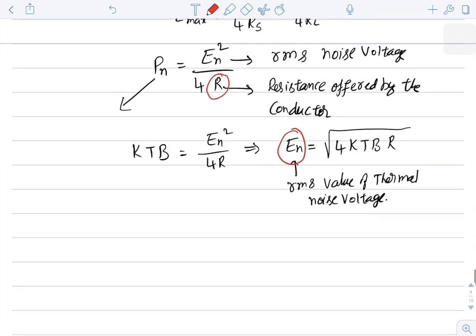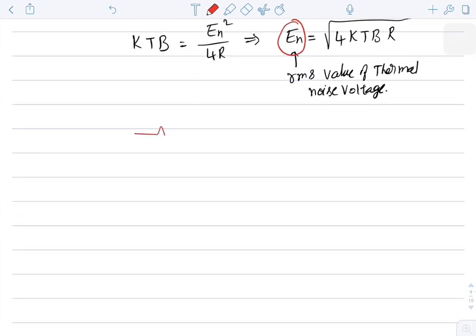If you want to represent this noise in the circuit, then the equivalent circuit diagram is a resistance in series with a voltage source whose value is En equal to root over 4KTBR, with a series resistance value of R. This resistance we call the noise resistance, represented with R suffix n, and this voltage we call the noise voltage or RMS noise voltage, represented with En.